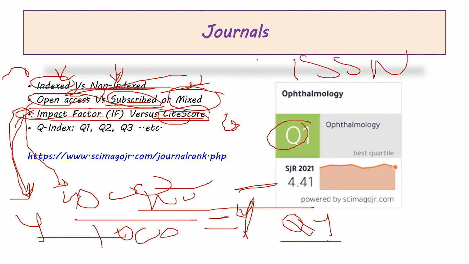The best journals are Q1, followed by Q2, followed by Q3, followed by Q4. They divide the journals into 4 quartiles. Q means quartile index. So the best are Q1, which are in the first quartile, and the least are Q4 journals, which means they are in the last quartile.